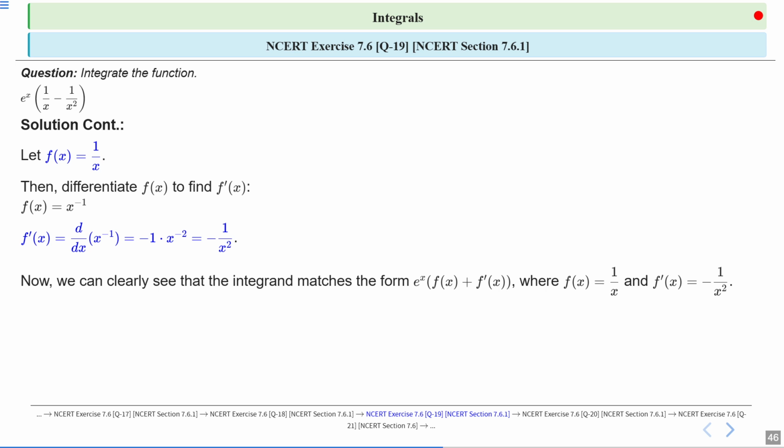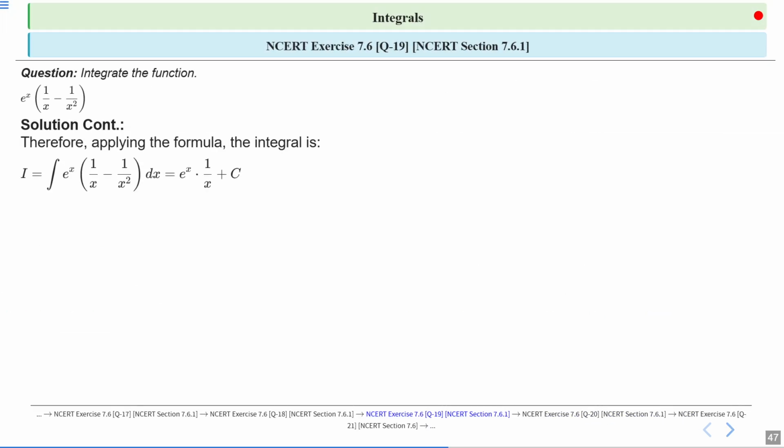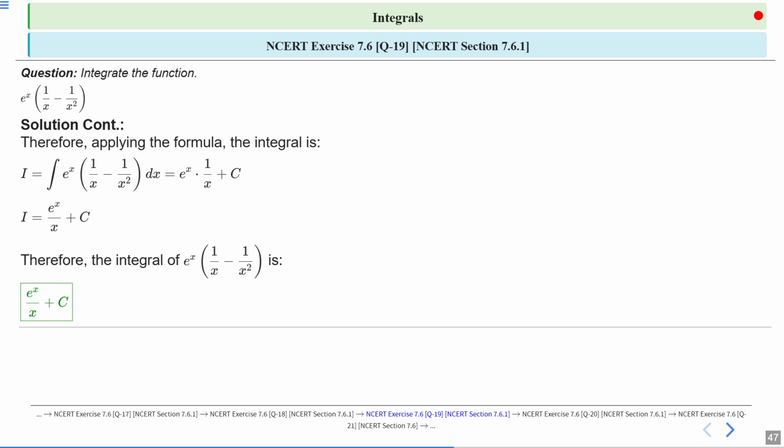So the value of f(x) is 1 by x and f'(x) is minus 1 by x square. Applying the formula, the integral is e^x into f(x), that is 1 by x, plus c. The final answer is e^x by x plus c.